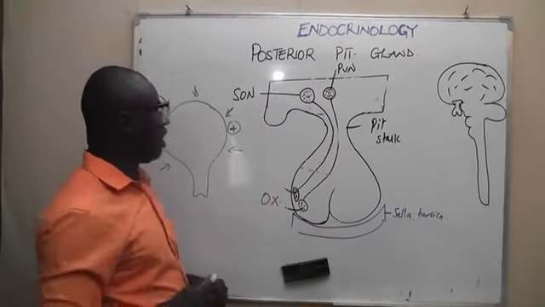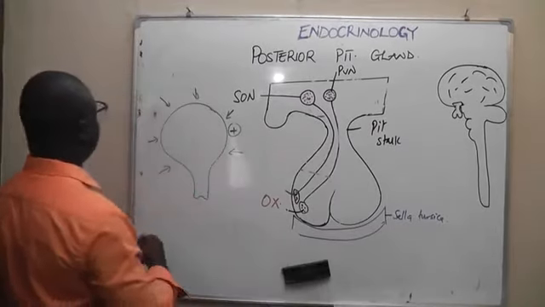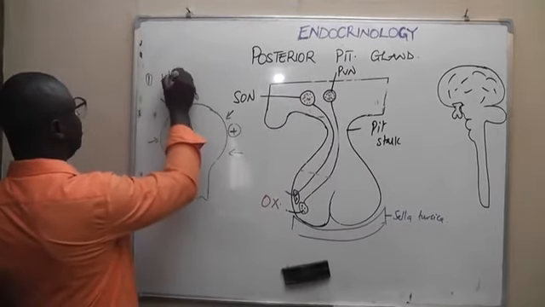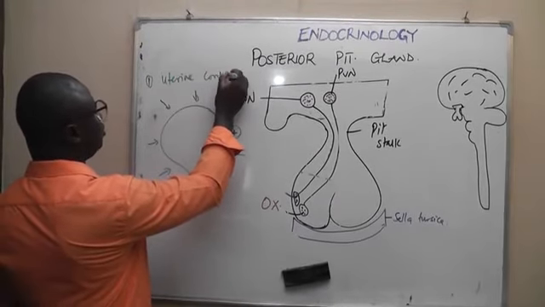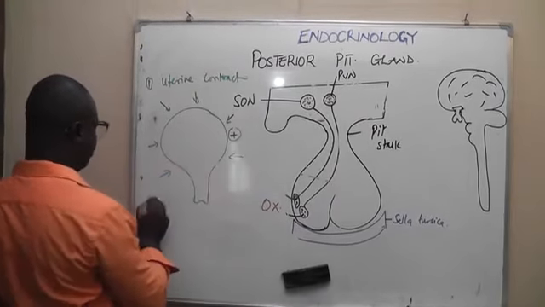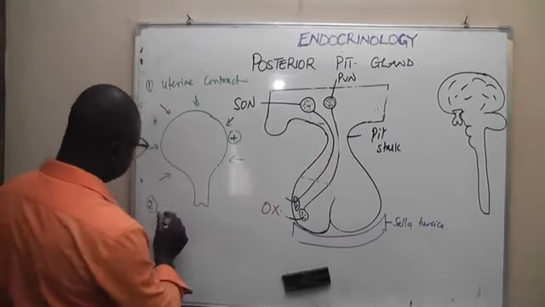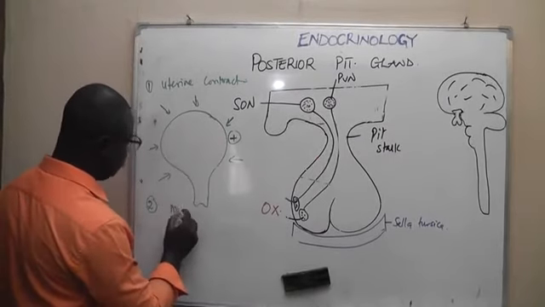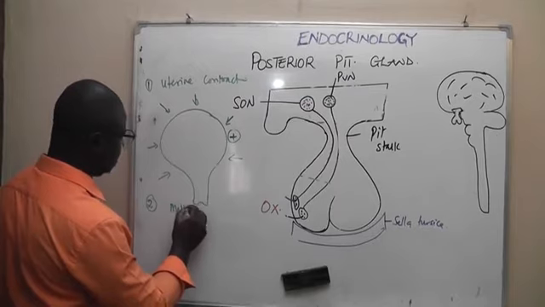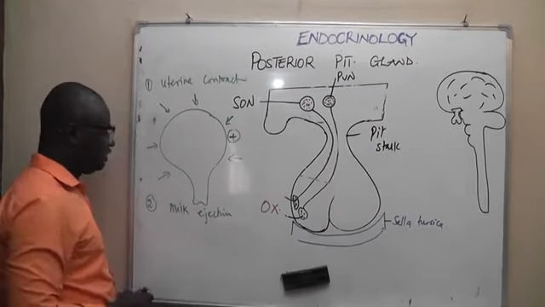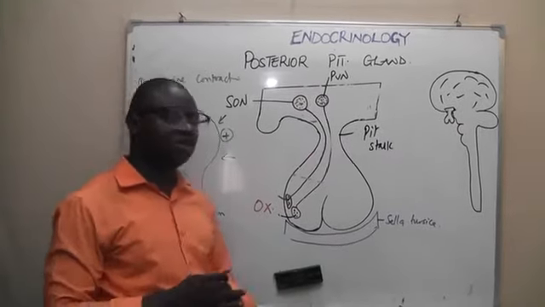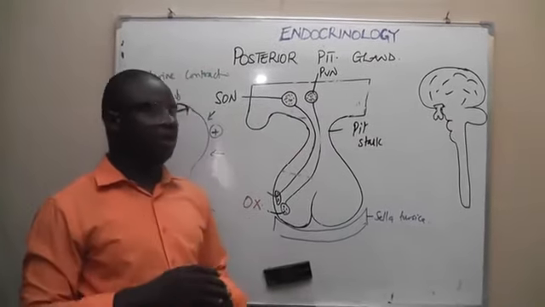All right. So that's number one function of oxytocin. So it helps in what? Uterine contraction. So don't forget that, uterine contraction. Then number two function of oxytocin, it helps in milk ejection. So what's happening is that there are some cells, myoepithelial cells, within the mammary gland.